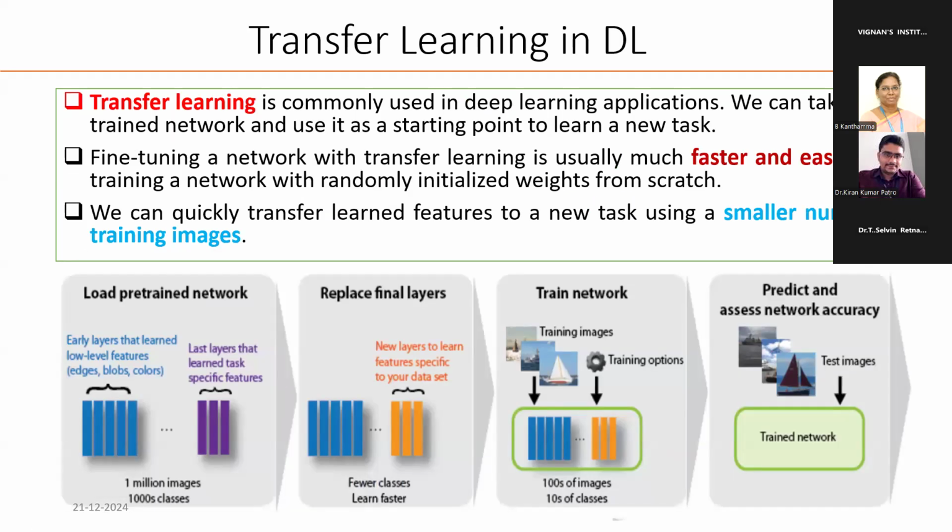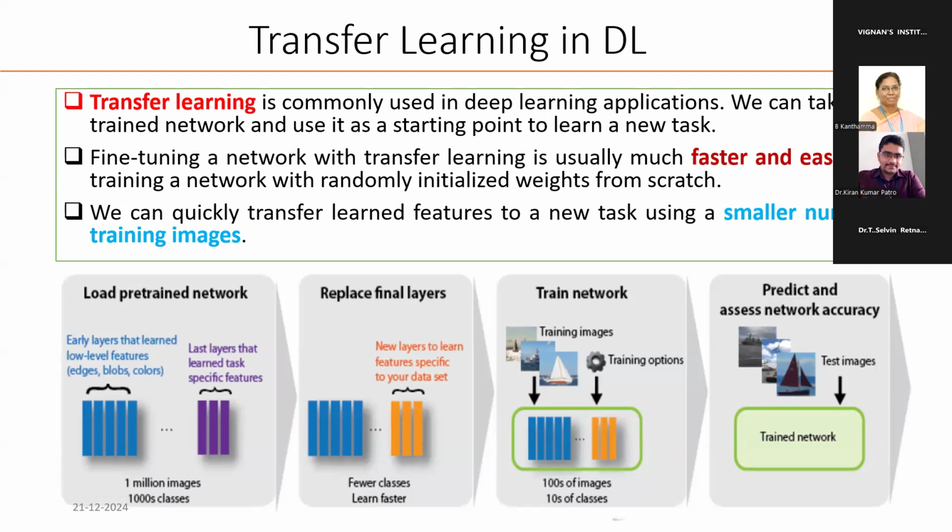Next, we have the concept of transfer learning in deep learning. Before going to customized deep learning, we can use transfer learning. Fine-tuning a network with transfer learning is usually faster and easier than training a network with randomly initialized weights from scratch.